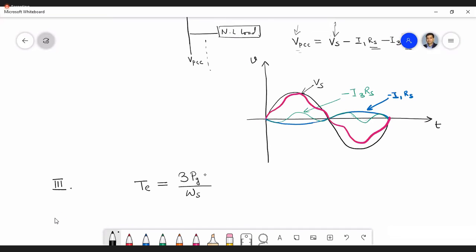So here again we have taken this PG. What is the unit of PG? Watt. So that means we have taken the active power.